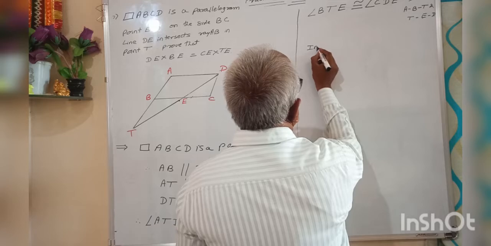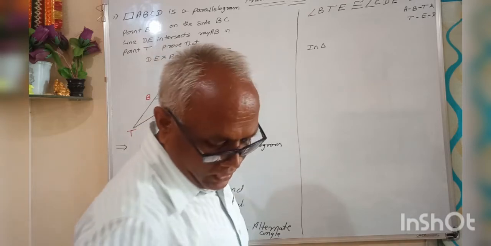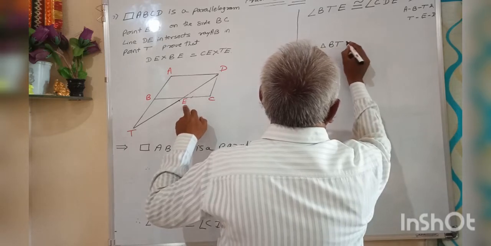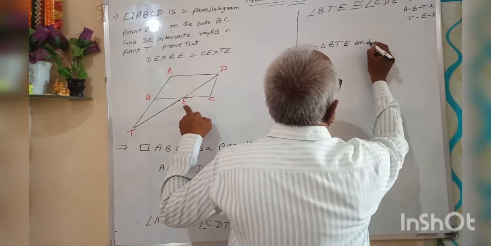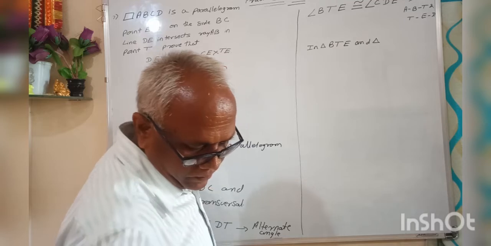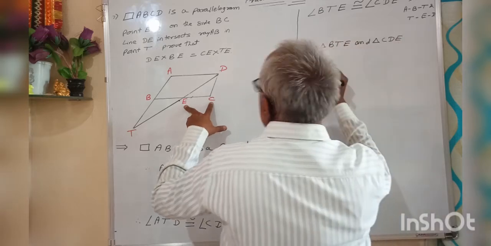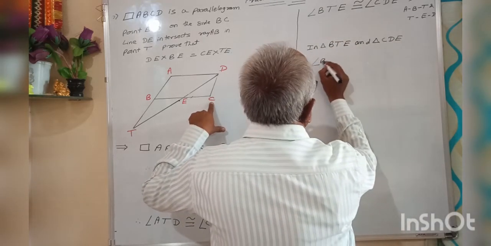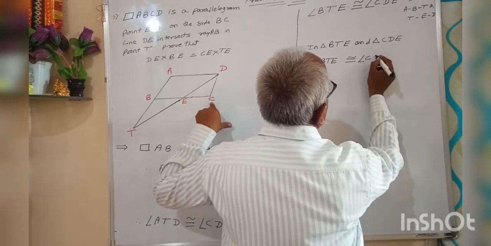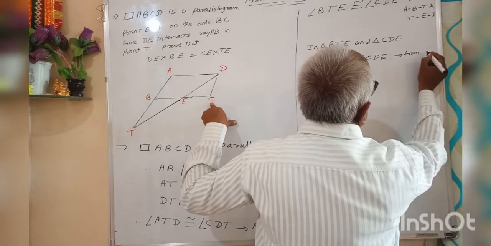Now in triangle BTE and triangle CDE, angle BTE is congruent to angle CDE. This is from 1.